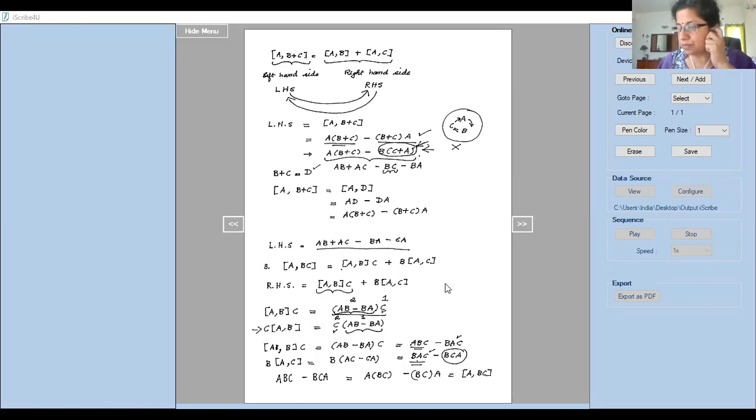This is what you will do. Somehow I remember another issue with this, but I can't remember what it was. I think it was essentially the taking out of, people tend to write this as CAB, which is wrong. You cannot do it like that, and I hope you've understood why.